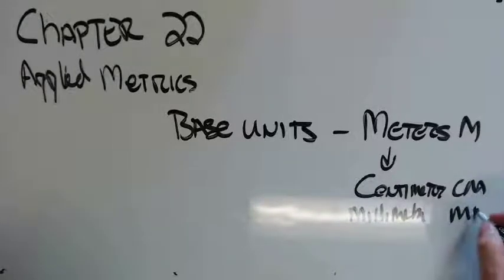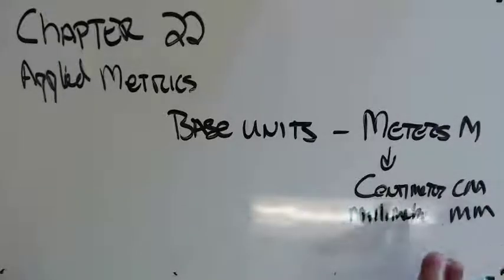Those are the big ones we're going to use. Weight is kilogram. Don't worry about that. So these are the ones we're going to deal with. So it works out real well. How many centimeters in a meter? 100. How many millimeters in a centimeter? 10. So it all works out, and that's the cool thing about metrics.